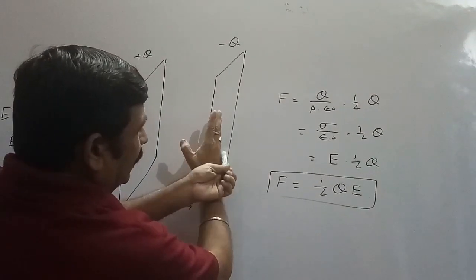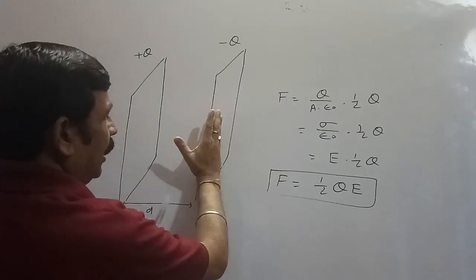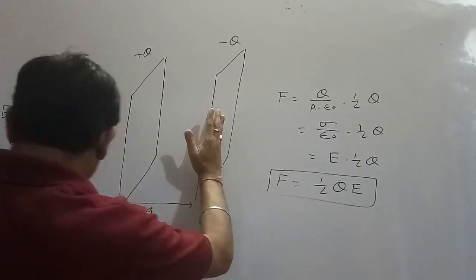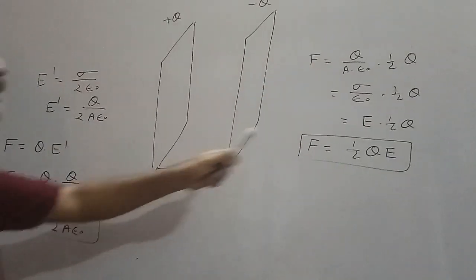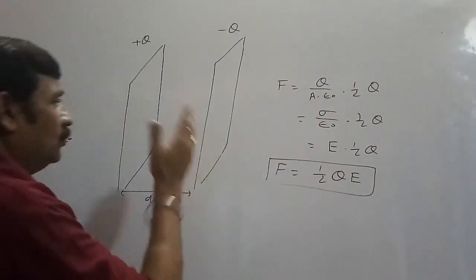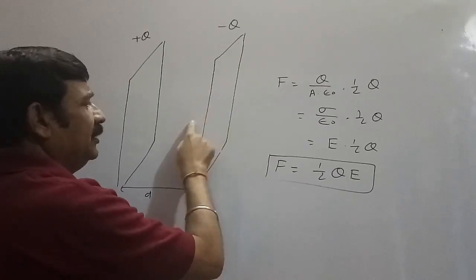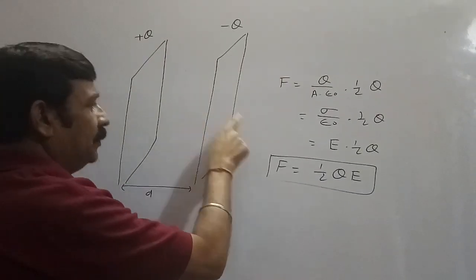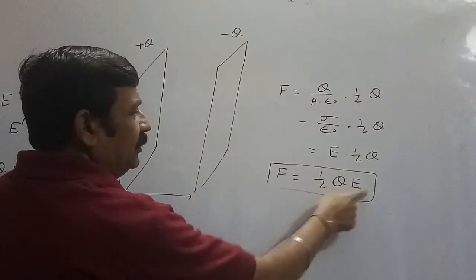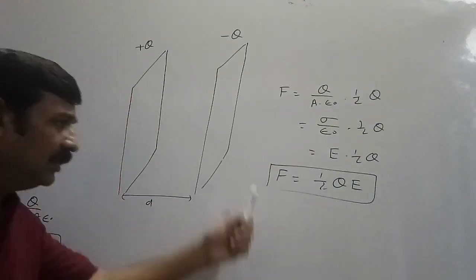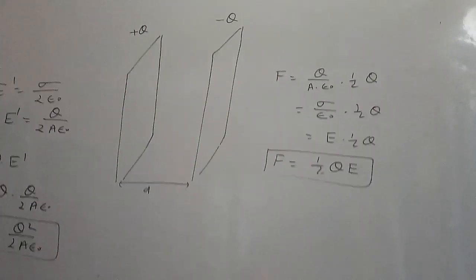So just towards the right of this plate the intensity is 0, and just towards the left of this plate the intensity is E, sigma by epsilon naught. So at the point where this plate is present, the intensity should be the mean of these two, E plus 0 by 2, that is E by 2 is coming here. And this was asked in the board exam.